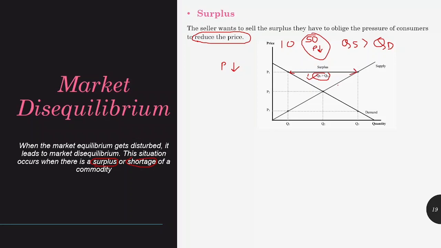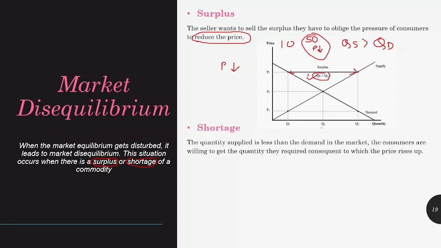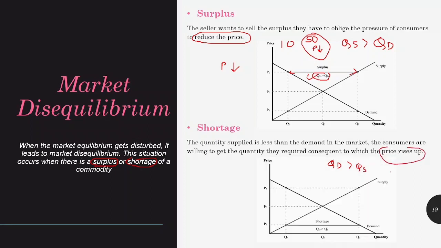Now shortage is when the demand for a commodity is more and the supply is less, so it causes shortage in the market. When there's a shortage in the market, the price of that product increases. Graphically we can see that this portion represents shortage.